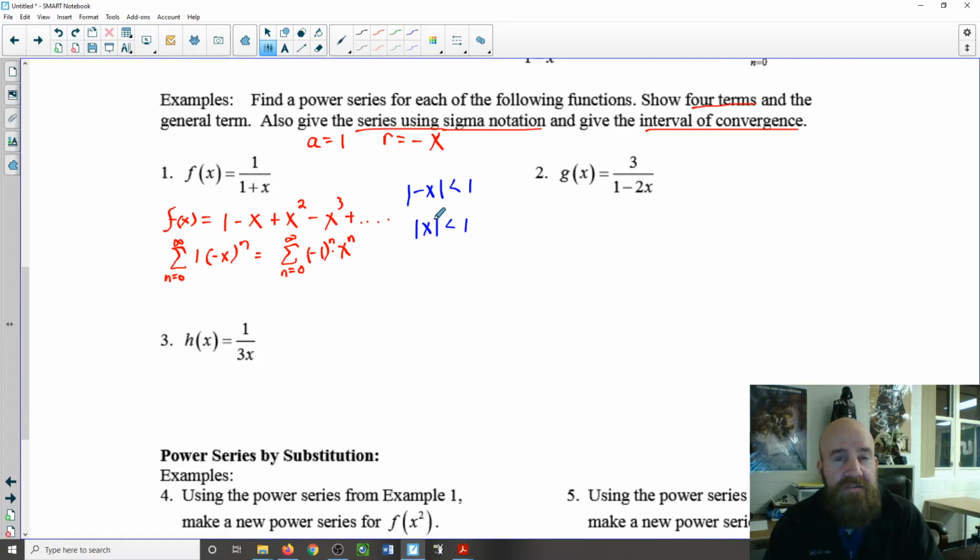And if we remember how to solve absolute values, we have to split this up. We have to solve the inequality by splitting this up into x is less than 1 and x is greater than negative 1. So we switch the sign of that number and we flip the sign. So x has to be greater than negative 1 and less than 1.